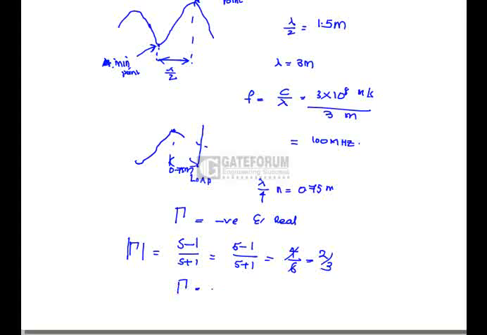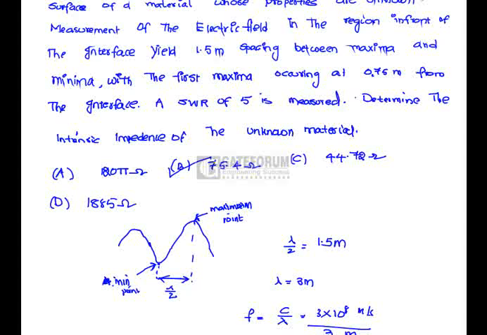Means gamma equals minus 2 by 3, which equals (eta minus eta naught) by (eta plus eta naught). Here eta is the intrinsic impedance of the material, and eta naught is the intrinsic impedance of the free space. So from this equation, the intrinsic impedance of the material is the intrinsic impedance of the free space divided by 5, which equals 75.4 ohms. The option B is correct here.